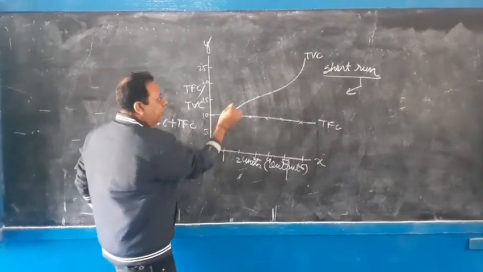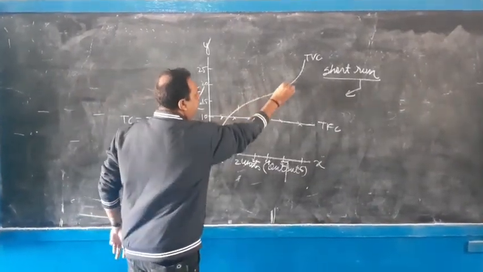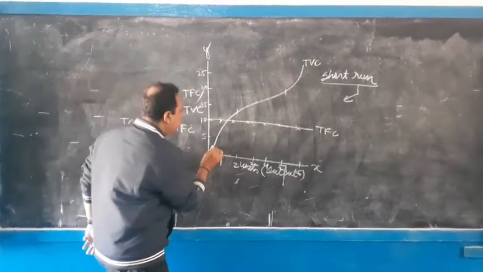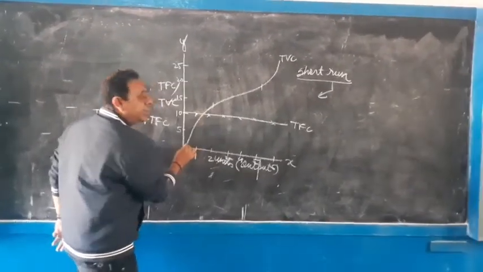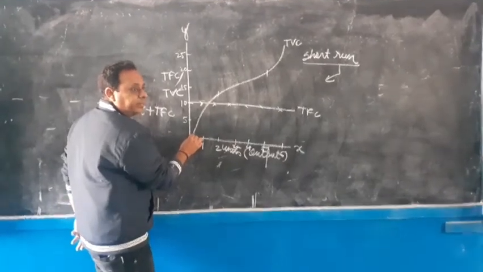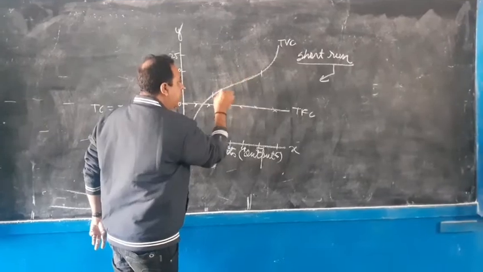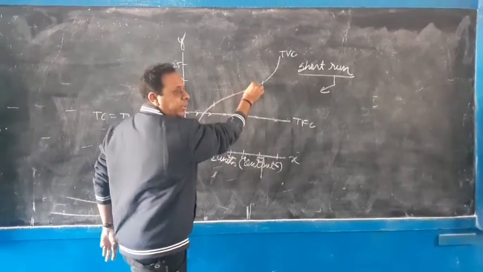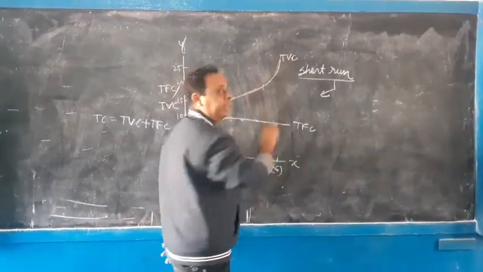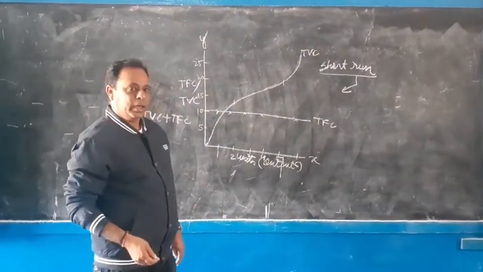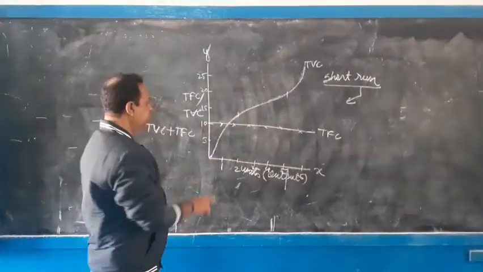But with this graph, you can understand one thing. If I break this graph into three parts, the first part you can see, initially it is increasing with increasing rate. Then it increases with decreasing rate, and then gradually it increases with increasing rate. This is the pattern of total variable cost.